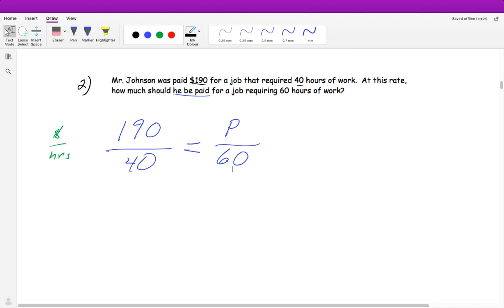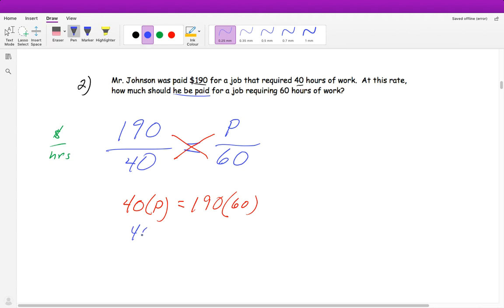So now what we need to do is I'm not going to set up the tape diagram. I'm going to cross multiply to solve this one, right? So that means I will multiply this 40 and this P. So I will get 40 times P, and this 190 times 60. All right, so now let me go ahead and rewrite this.